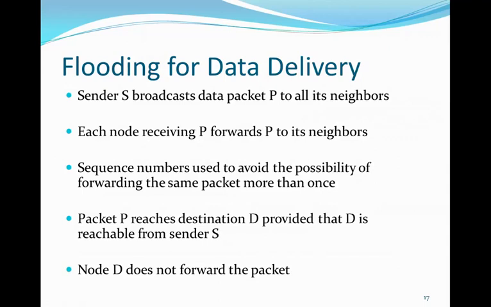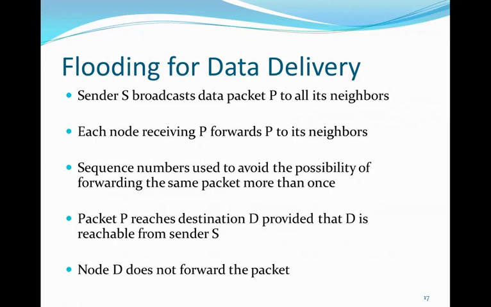You are sending the same packet again and again, and it is the responsibility of the nodes to ensure delivery of that packet to the destination node. So in the flooding mechanism, the sender S broadcasts data packet P to all its neighbors, and then onward, every node receiving packet P will forward packet P to its neighbors.